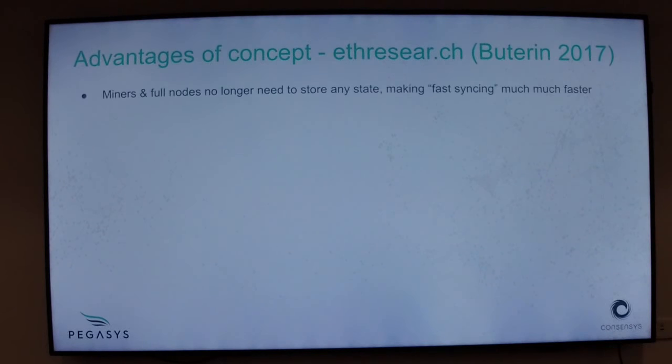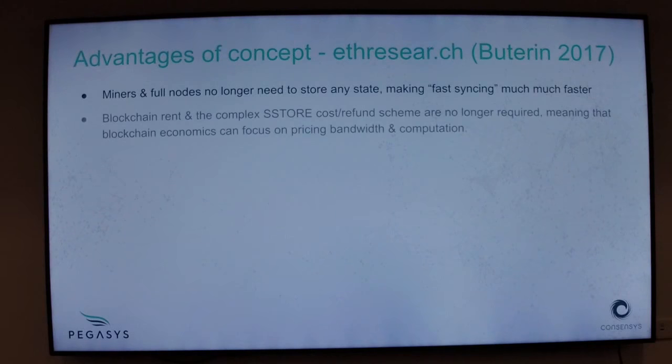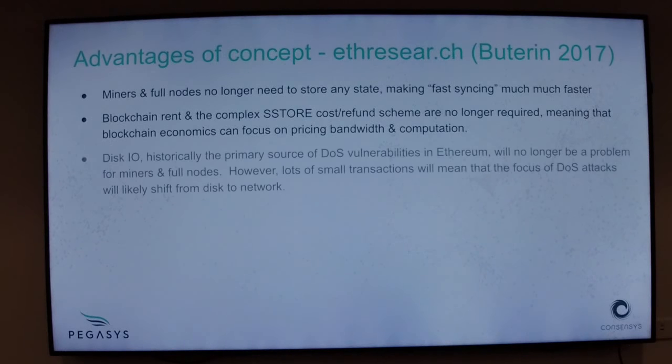So the advantages that Vitalik was saying is that miners and full nodes no longer need to store any state, making fast sync much faster. And we'll talk a little bit about beam sync and what the advantage of that is. Blockchain rent and the complex SSTORE cost refund scheme will no longer be required, meaning that blockchain economics can focus on a much simpler problem, which is really just the pricing of bandwidth and computation, rather than all these other things.